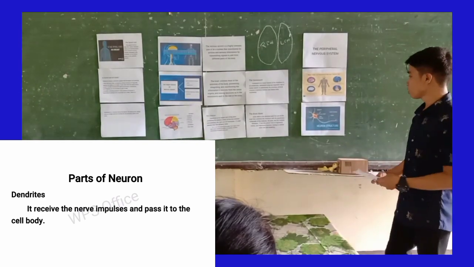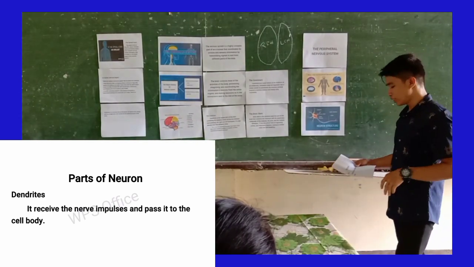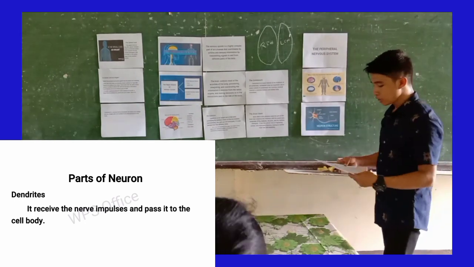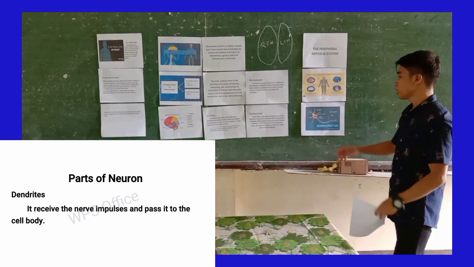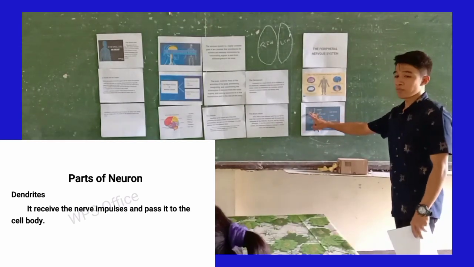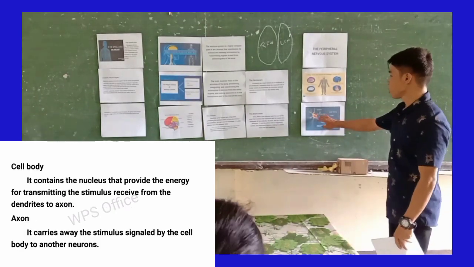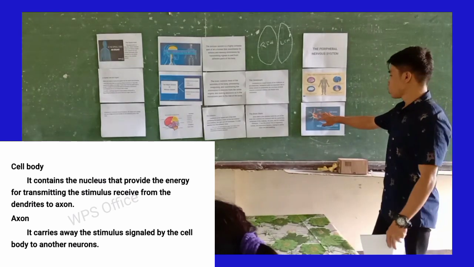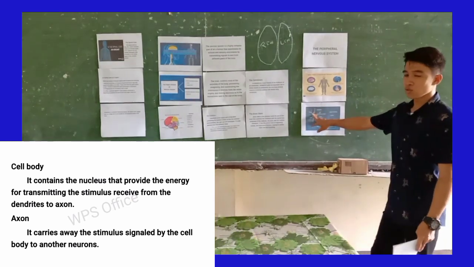Dendrites are parts of the neuron that receive the nerve impulses and pass them to the cell body. So once the stimulus is received from the outside environment, it will pass through the dendrites, then to the cell body.